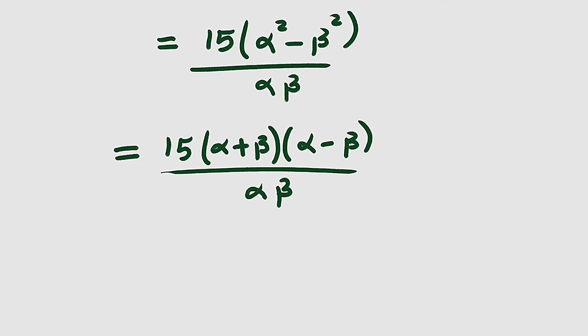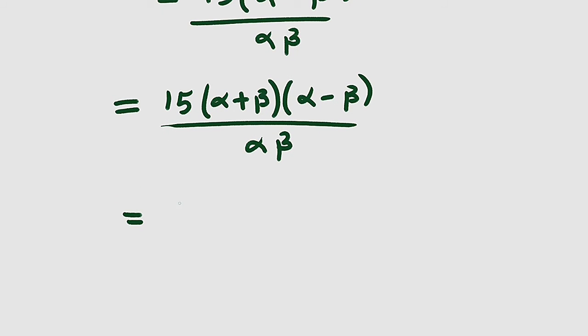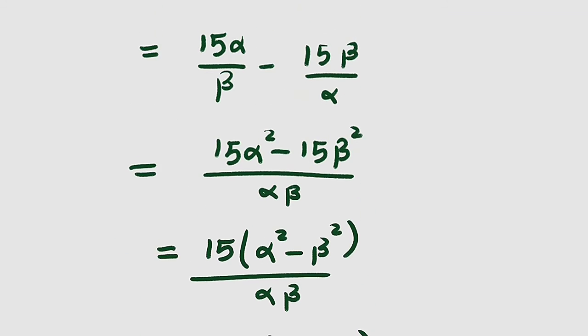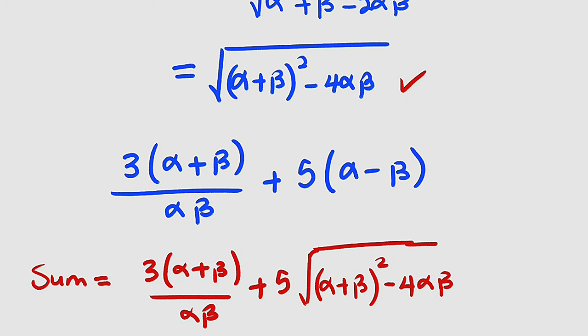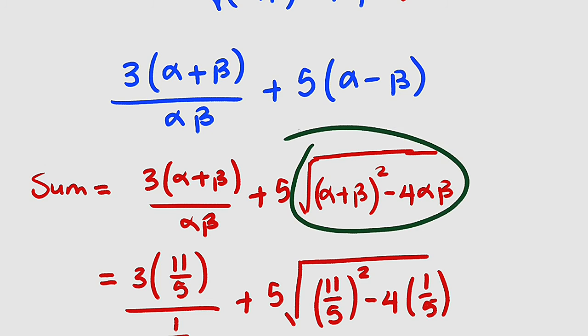Now let us substitute everything back. This is equal to 15 multiplied by sum is 11 divided by 5, right? Multiplied by alpha minus beta, we have it somewhere. Let me see if I can find it here. This is where we started with alpha minus beta. We say it is the same thing as this.